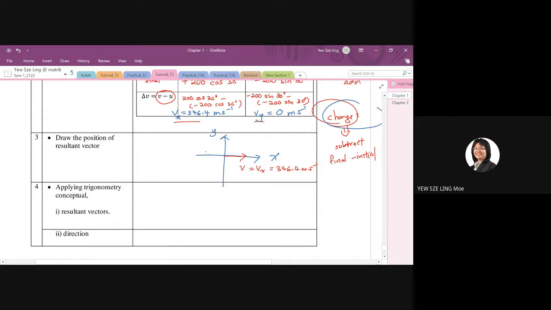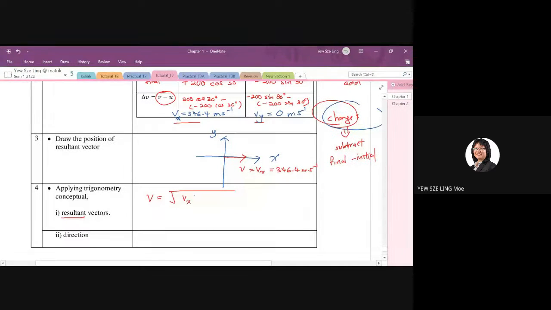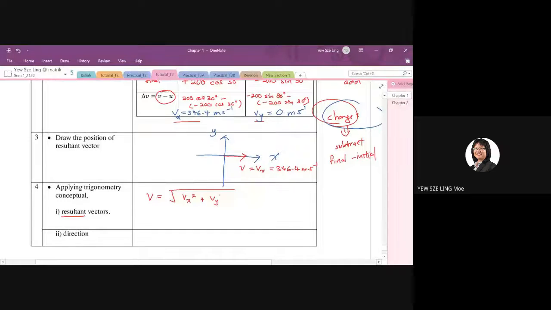Once you have a diagram and you are done with the table, then you can proceed to calculate the resultant. Why? Because you want to add Vx and Vy together, therefore we can call it the resultant. So V resultant is equal to the square root of Vx squared plus Vy squared.